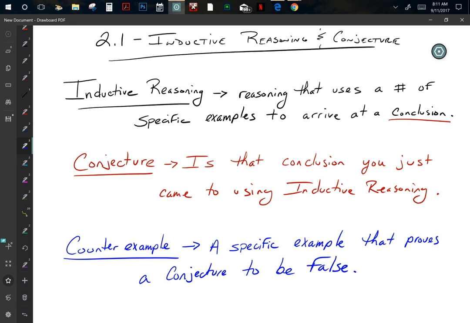Your counterexample can't be someone shorter than 5'7". Does that make sense? It needs to be a specific example because that's what a counterexample is. Sometimes people say, yeah, you're right, that would be where the counterexample is going to be, but it needs to be a specific example. Okay.